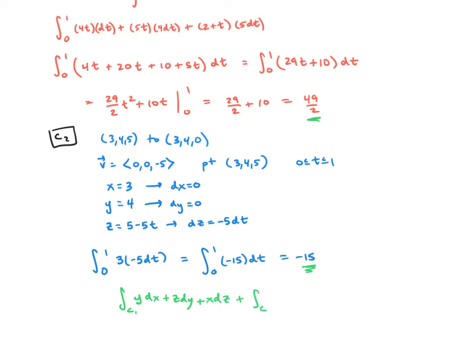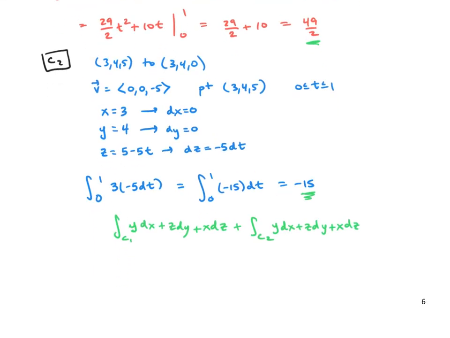We're going to add it to the integral for C2, which is negative 15. We get 49 over 2 minus 15, which gives us 19 over 2. All right, so that's example 6. The next video will be on example 7.